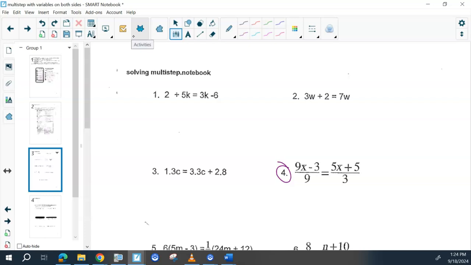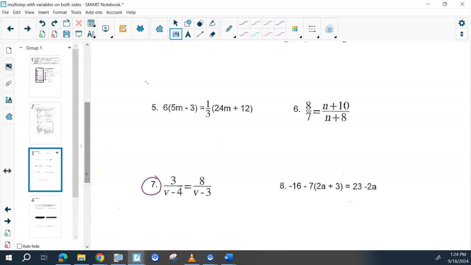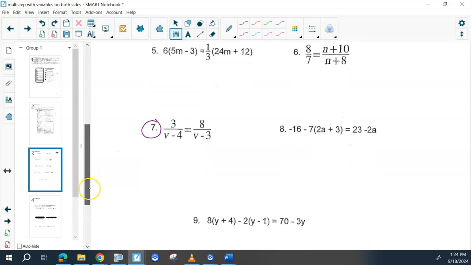Any others? We're not going to do 6 because it's going to be similar. I heard 9 and I heard one other number. 8. 8 is going to be very similar to 9.